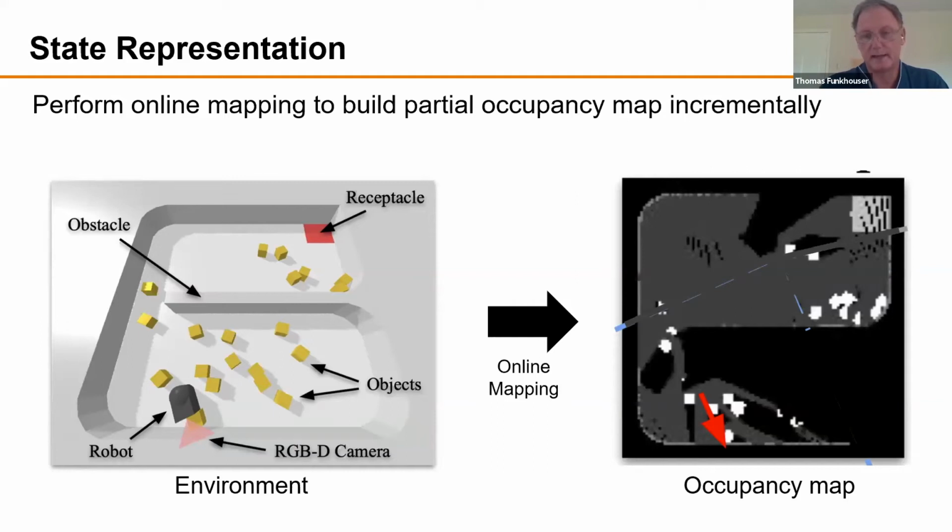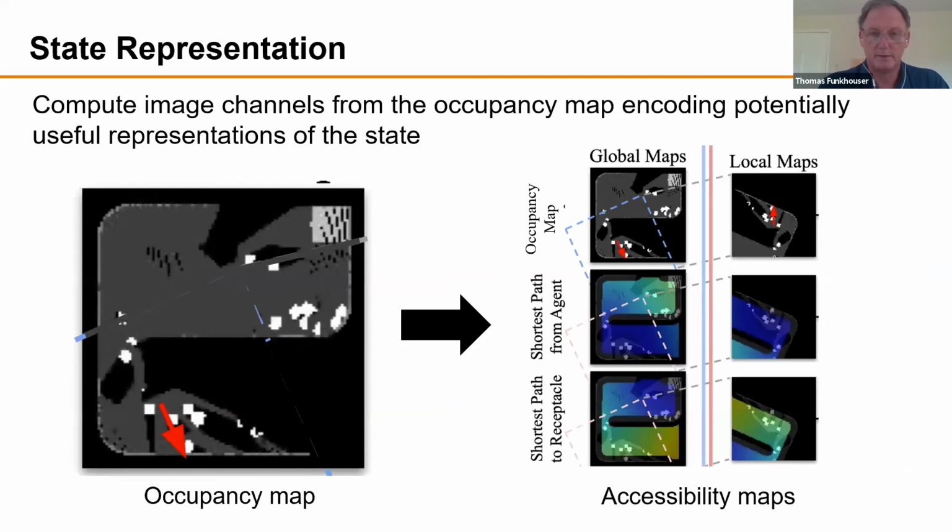And so the black areas are unobserved, and you don't know whether there's an obstacle there or not because you've never been there. Okay. And then we're going to build a state from that, which is a multi-channel image where the channels represent different aspects that you can compute from that occupancy map.